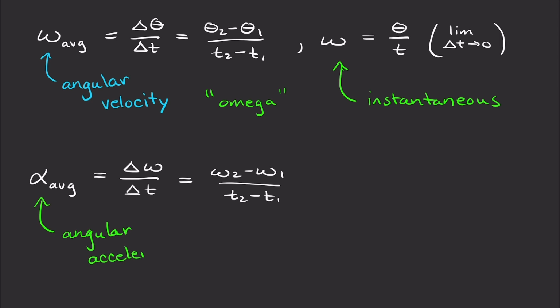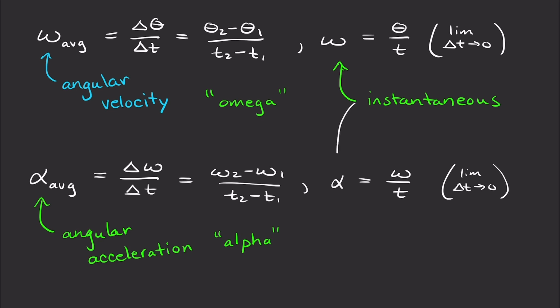So we'll always use Greek letters for our angular quantities, and this is a Greek alpha, a lowercase alpha. And we can likewise define the instantaneous acceleration as just alpha equals dω/dt, again taking the limit as delta t tends towards 0. And so these are our instantaneous quantities, and then we have our average quantities, just like we did in kinematics of linear motion.